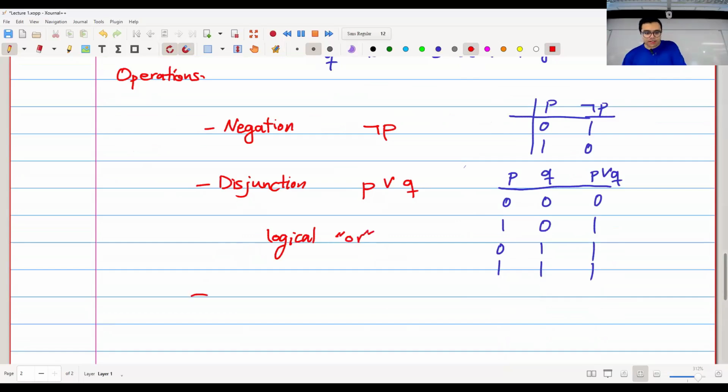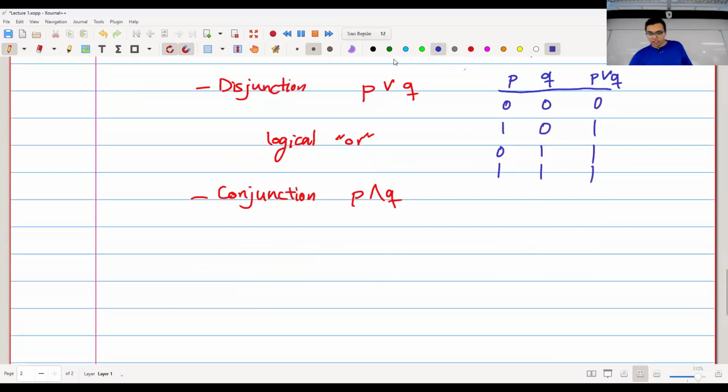And then, of course, as you would expect, we also have conjunction, which is logical AND. So I have P and Q. Now, P and Q is true only when both of them are true. Even if one of them is false, P and Q will be false. So I can again do the table.